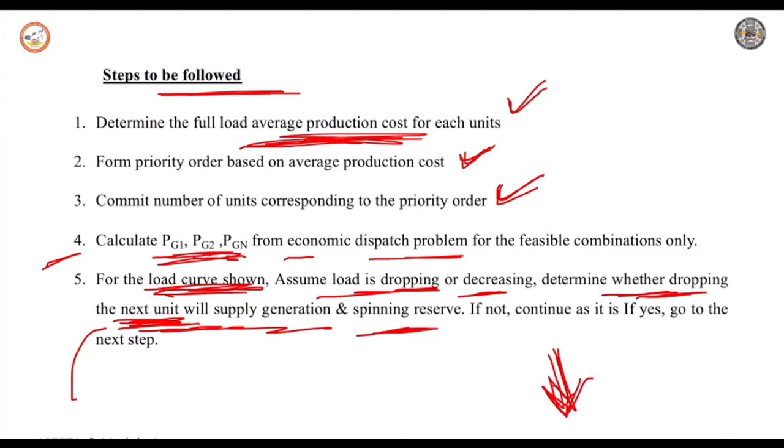So if the load is decreasing for any hour in a given day, then we need to determine whether dropping the next unit, that is the committed unit, the remaining units can supply the generation as well as the spinning reserve. If not, then continue as it is. If yes, go to the next step.